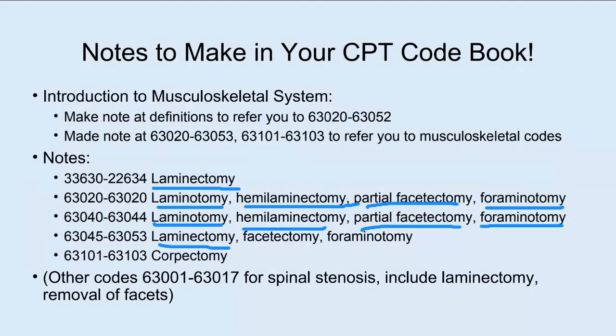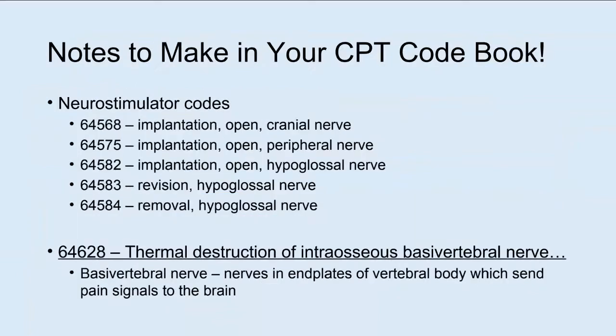And 63045 to 63053 is just laminectomy, facetectomy, foraminotomy. Okay. And 63101 to 63106 is just corpectomy. Other codes, 63001 to 63017 for spinal stenosis include laminectomy and removal of facets. So just to keep straight which procedure is included in which code.